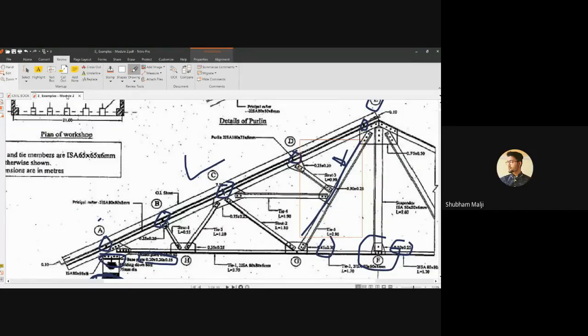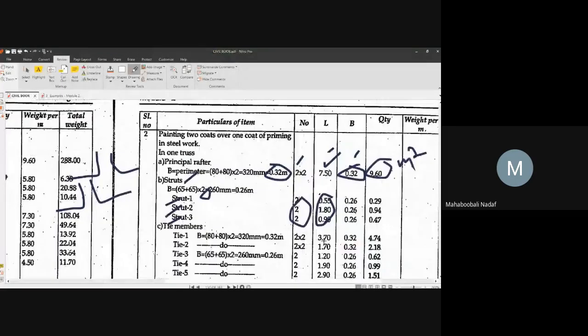See here, 2/2. Why have they not taken it here? Only 2 is taken. For what reason? Because only one angle, sir. There are no back-to-back angles. So the width they have taken, and its quantity is there.